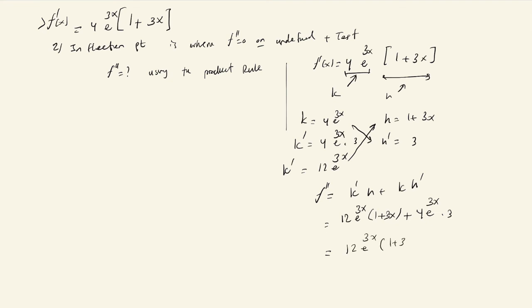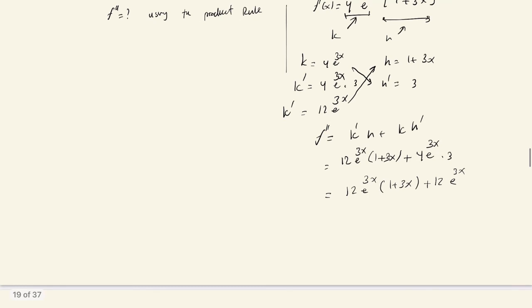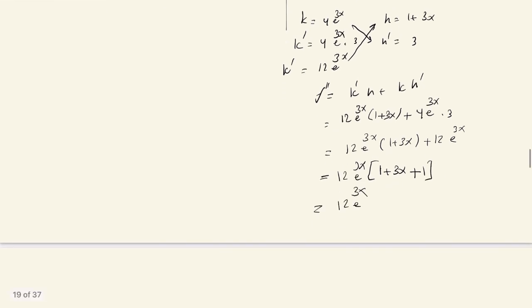And then it's gonna be 12e to the 3x times 1 plus 3x, plus 12e to the 3x, where we multiply 3 by 4. Now what we notice, we have a similar term, so we'll factor 12e to the 3x, and we're left with 1 plus 3x and then plus 1. Now we have 1 plus 1, which results in 2 plus 3x in the parentheses. Now, what we just found is the second derivative function.